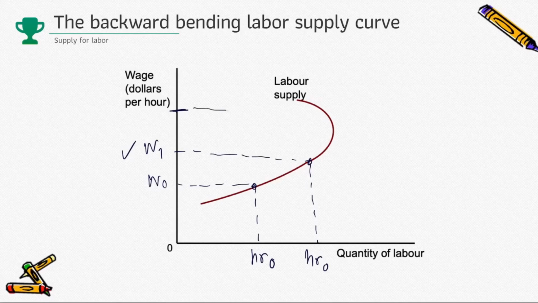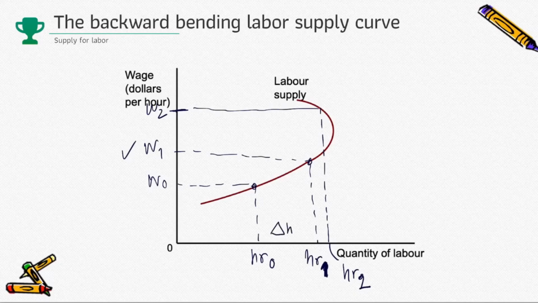But later on, the wage increases to W2. They say that I will work more, from HR1 to HR2. See the difference here in the wage and here in the hours, a little, right?